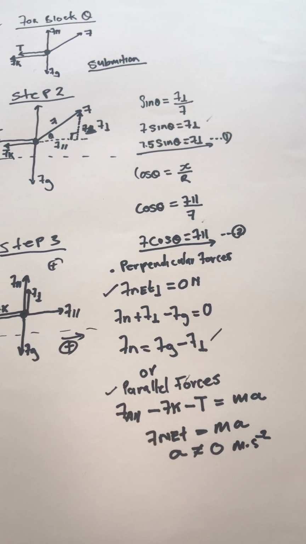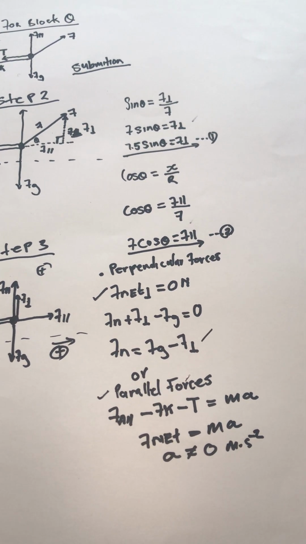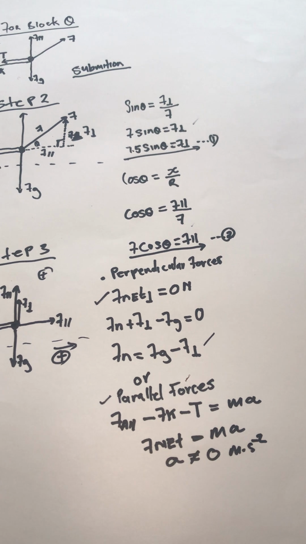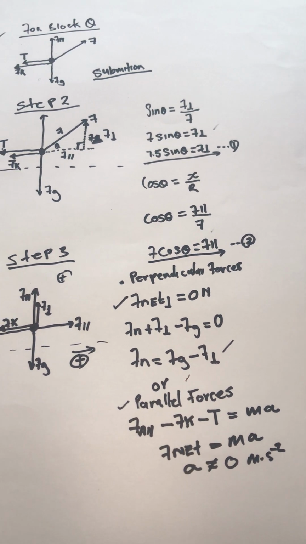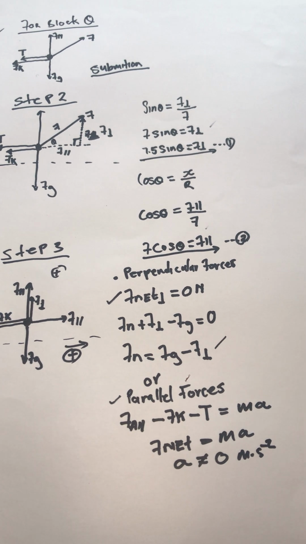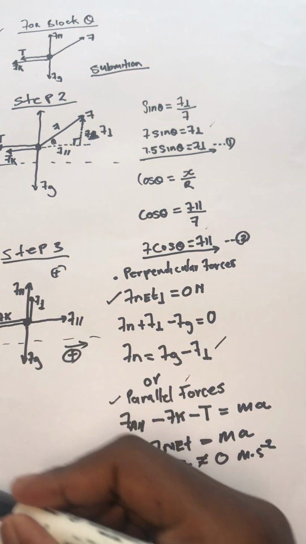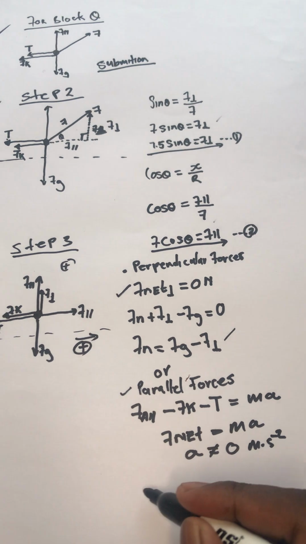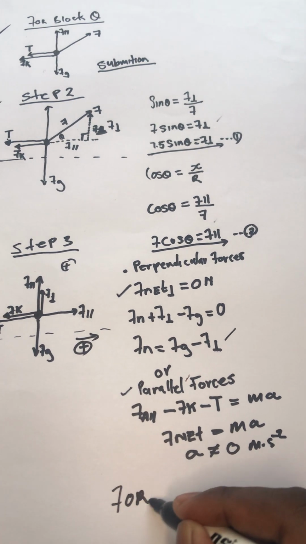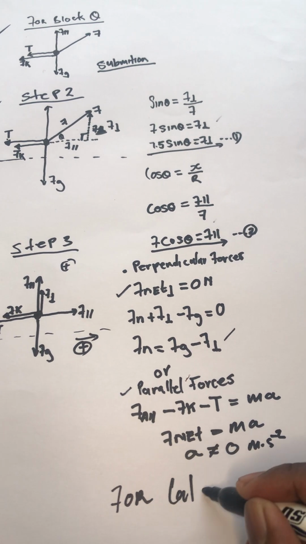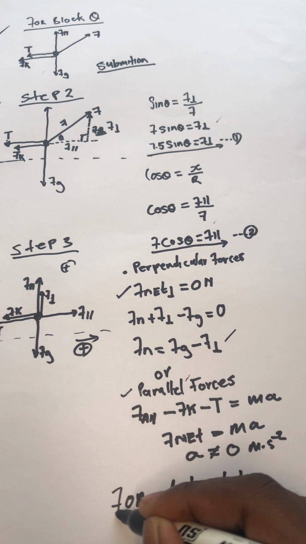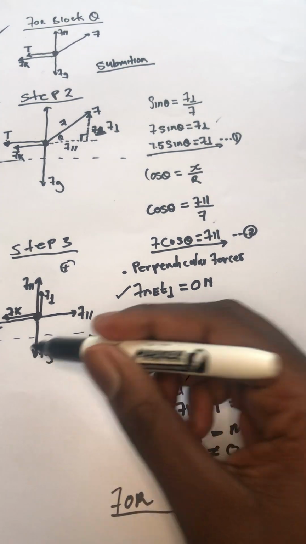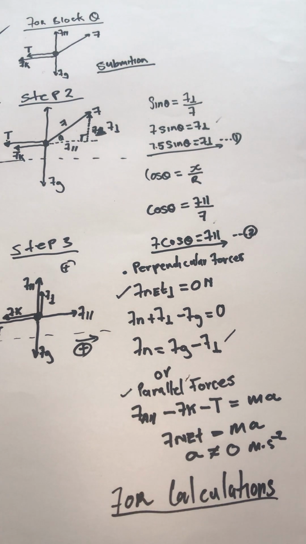So before you even answer ama question, nayi into ekumele ube nayo understanding. We use yonke step 3 for calculations. Iyona free body diagram esoyisebenzisa le if sesenza ama calculations.